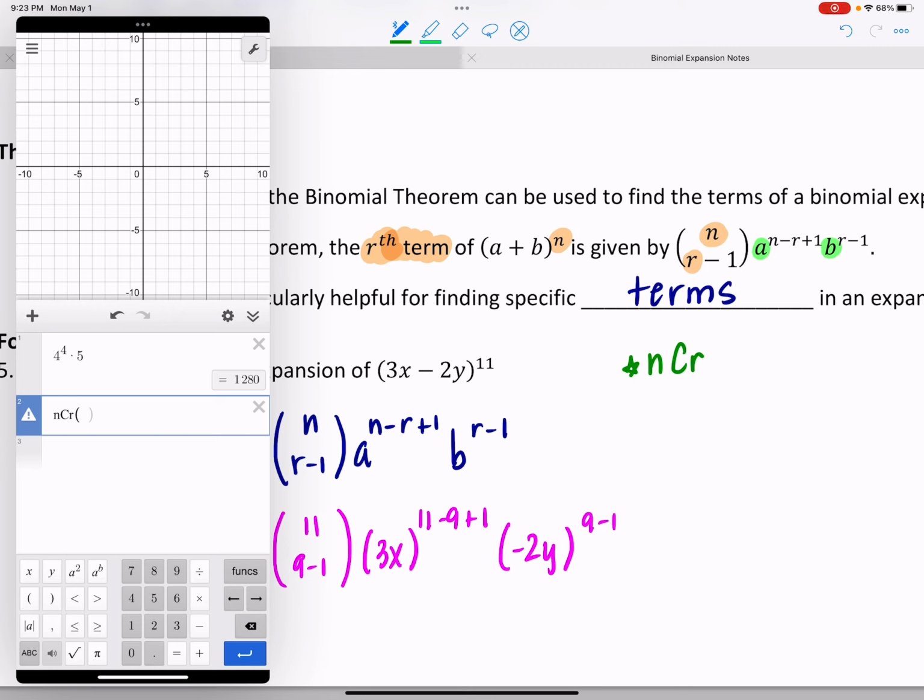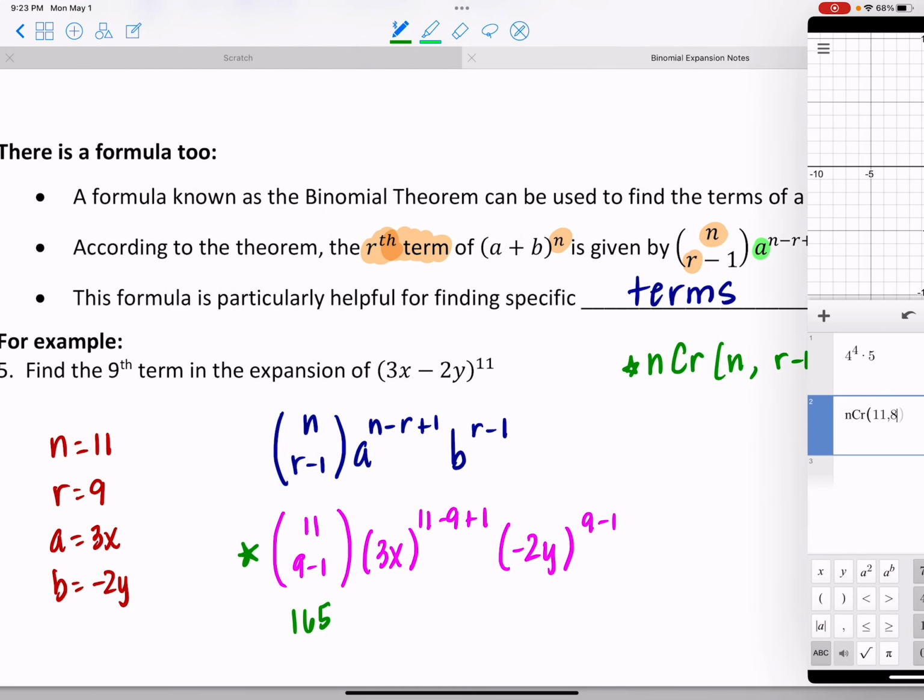It gives you the parentheses, and you put in the n and then the r minus 1. In this case, we put in 11, a comma, and then 9 minus 1, which is just 8. So this thing has a value of 165, okay?